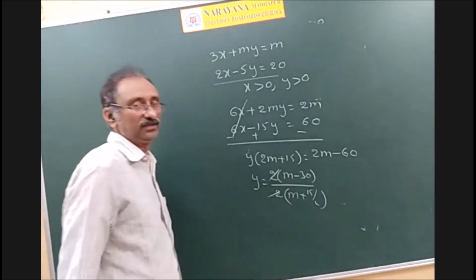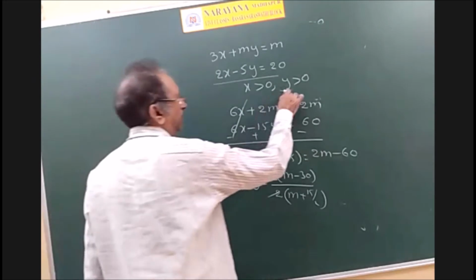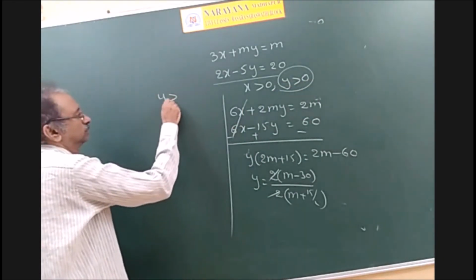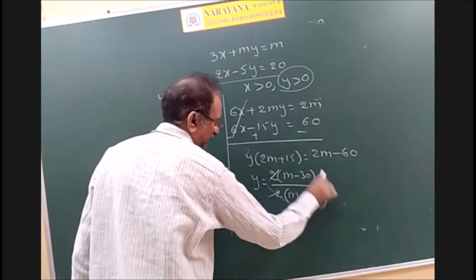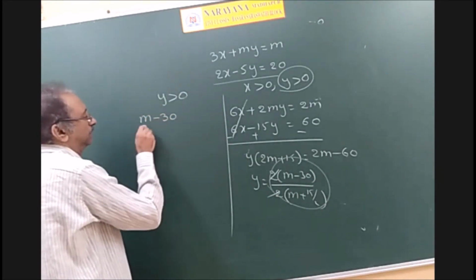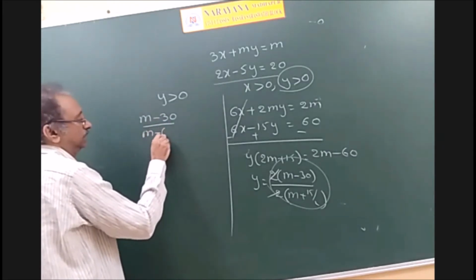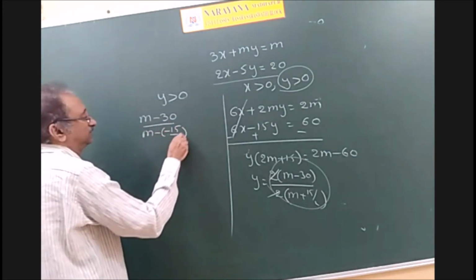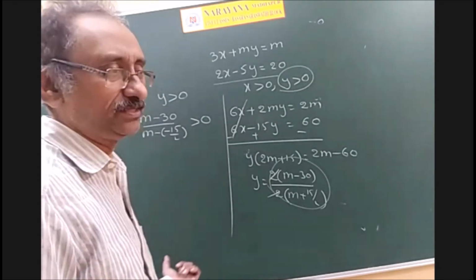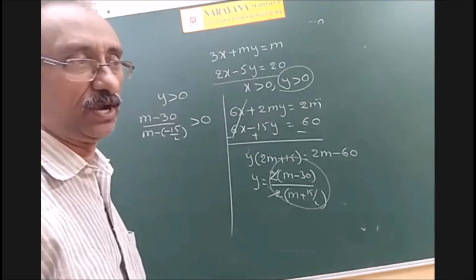Therefore, y is equal to 2 into m minus 30 by 2 into m plus 15 by 2. 2 can be cancelled. But what is the condition? Y is positive, so this expression is also positive. That is, m minus 30 by m minus of minus 15 by 2 is positive. This was discussed many times in trigonometry and equations chapters.